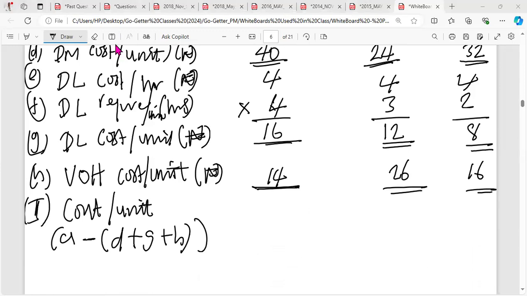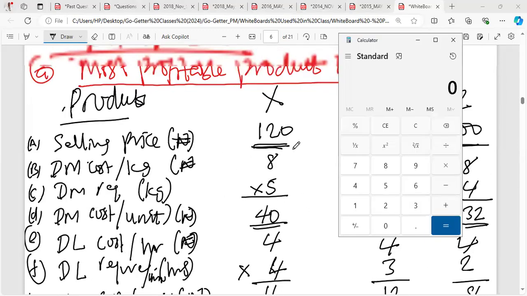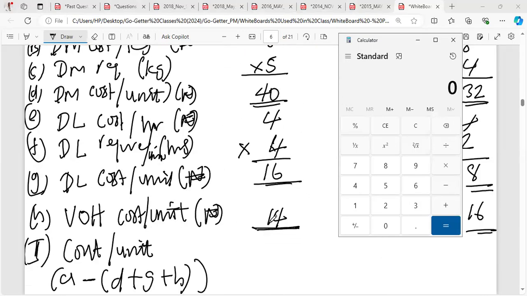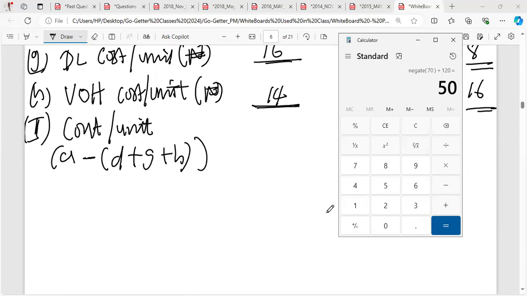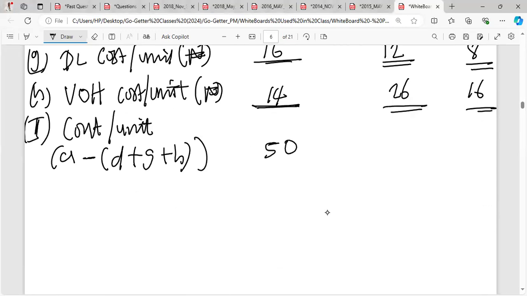So let's start with the first one here. D is 40, G is 16 and H is 14. I have 70 here. I want to minus 70 from 120. That gives me 50. So this is my contribution.